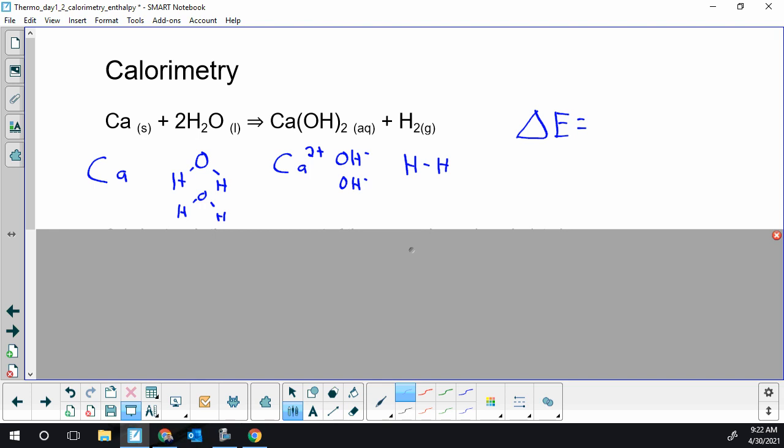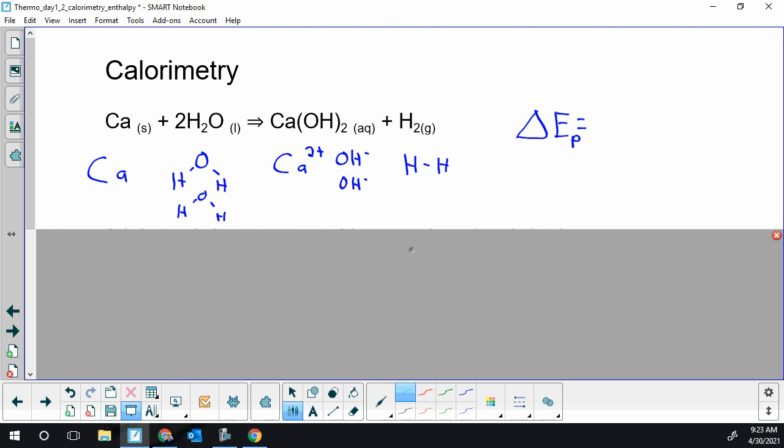Okay? So that delta E that I wrote, that change in energy, is really the change in potential energy between the bonds at the beginning and the bonds at the end. Sometimes there is more energy in the bonds at the end, and sometimes there's less energy in the bonds at the end. Okay?